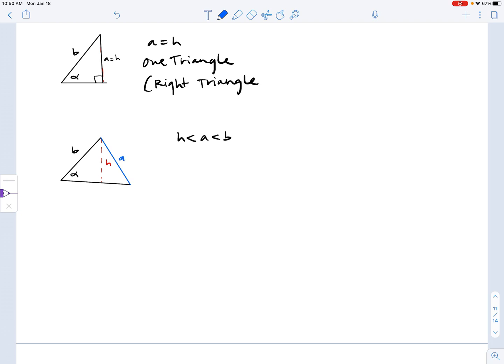So I'm going to draw this in blue. You could create the triangle here, right? That's a possible side A. Or if you swung it in, that's a possible side A. So that's when you run into two triangles.